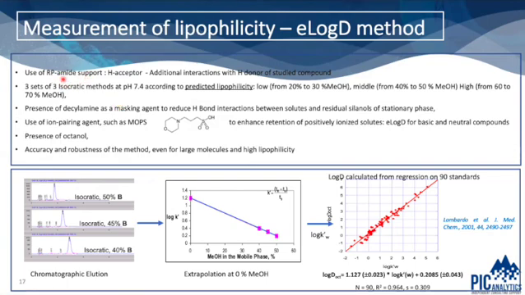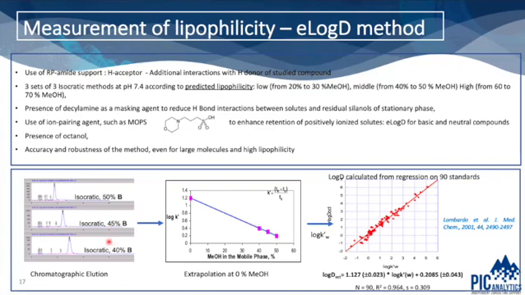It's a C16 amide support with an NH CO, and the carbonyl of the amide group on the support is an H acceptor, so you have an additional interaction with the H donor of a compound, and that is more emphasized when you have low lipophilicity.